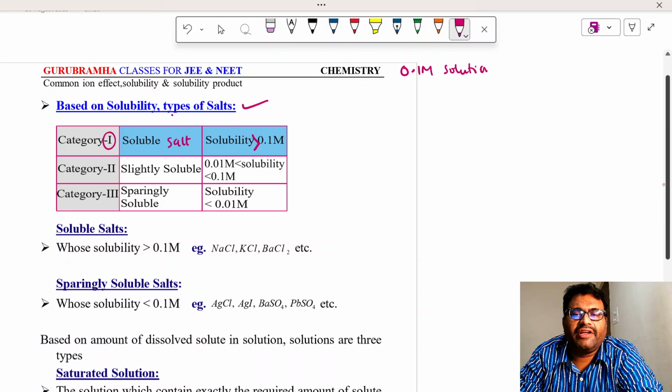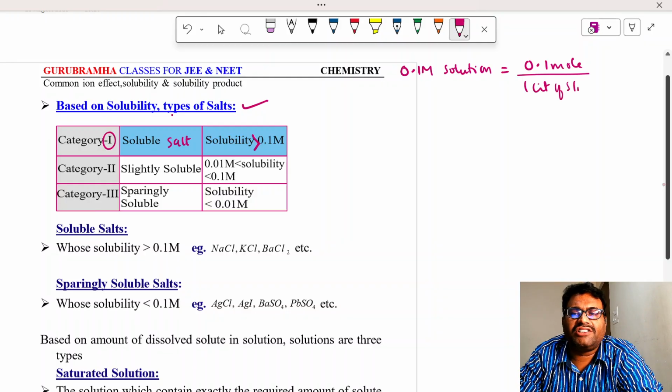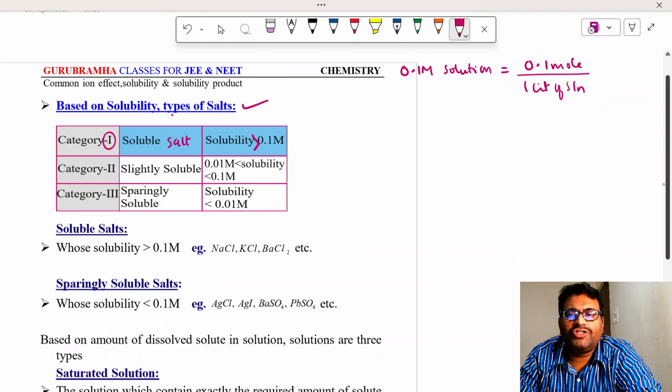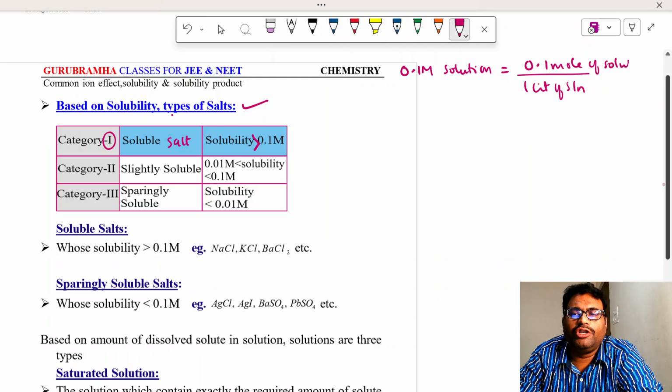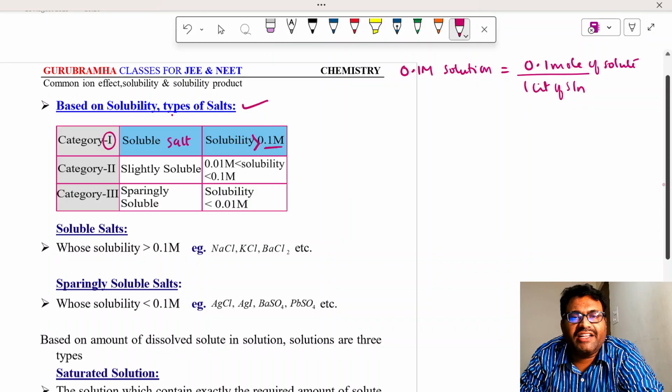I can simply represent it as 0.1 mole of solute present in 1 liter of solution. Let us always take 1 liter of solution so that it will be easy to understand. Then we say that it is 0.1 molar. If the solubility is greater than 0.1 molar, then it is a soluble salt.